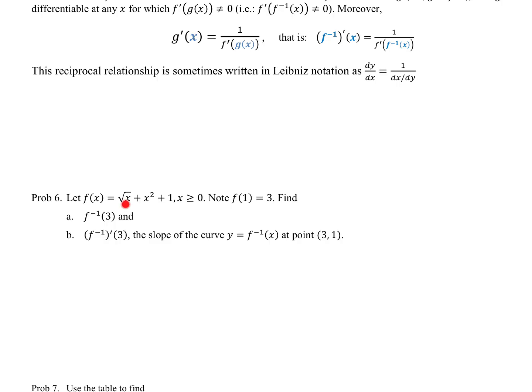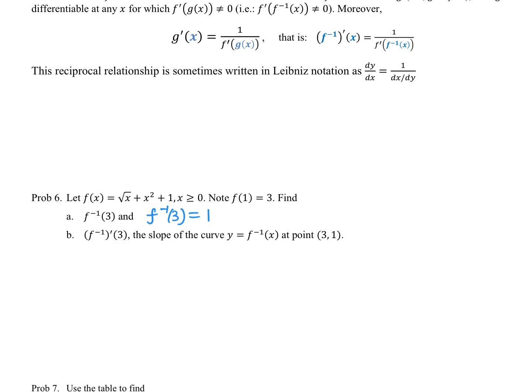Please note that f of 1 is 3, so when you plug in 1 here, the y value is 3. Now let's find f inverse of 3. What is f inverse of 3? Because f of 1 is 3, therefore f inverse of 3 is equal to 1, right?